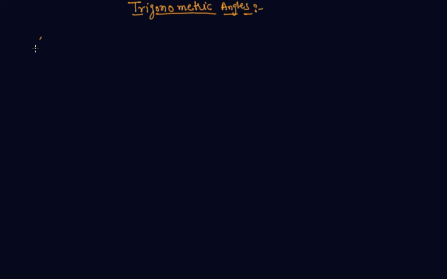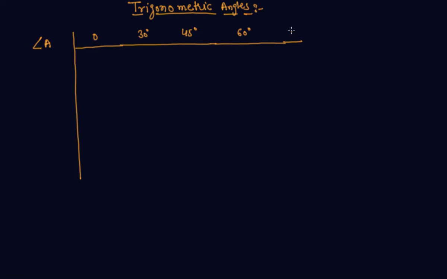So here is the table where the value of angle A changes. I'm drawing a table. Please note this table on your notepads very clearly so that you can remember these values by heart. This is very important from the exam point of view, that you should remember all the values of all the trigonometric functions.